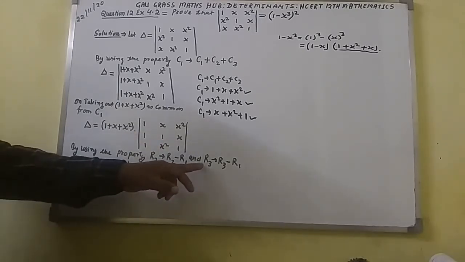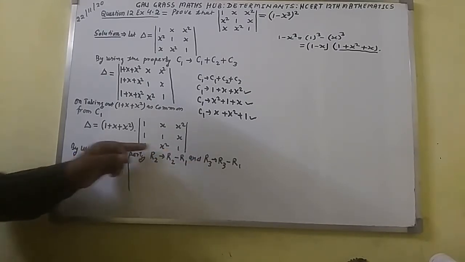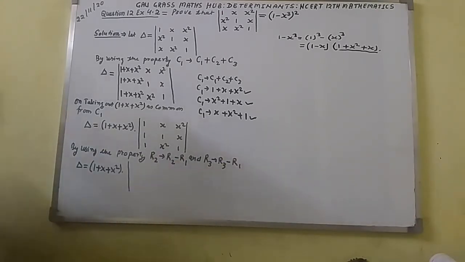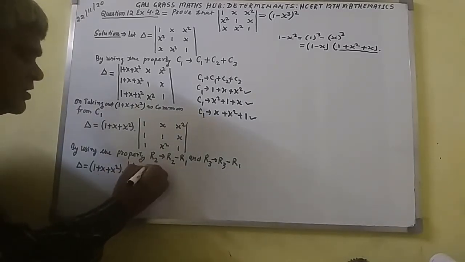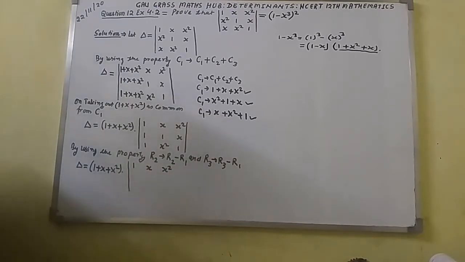And R3 goes to means that changes will only occur in the third row. There will be no change in the first row, so I shall write the first row as it is: 1, x, x square.